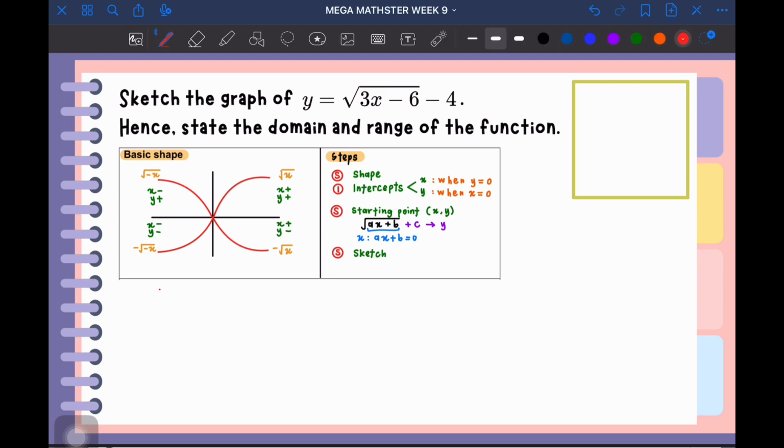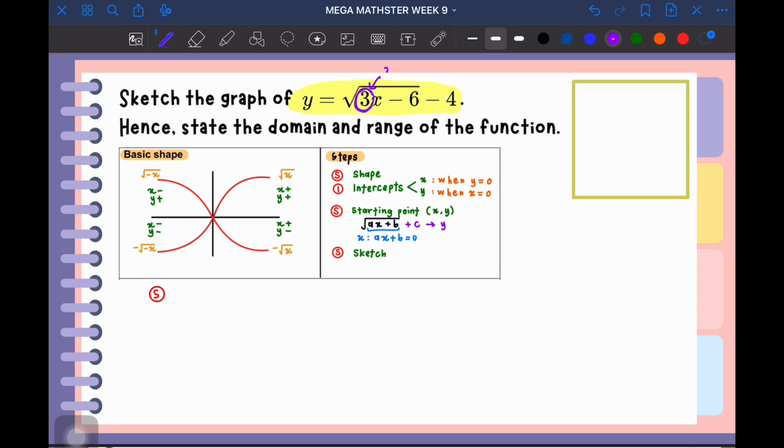So the first step is S. Okay, so S stands for the shape of your graph. Right, so how do we know the shape of our graph? Let's just take a look at your square root function up here. Take a look at the number or the sign that you have in front of your x. In front of our x over here, we have 3.